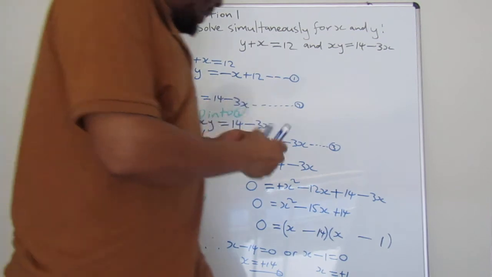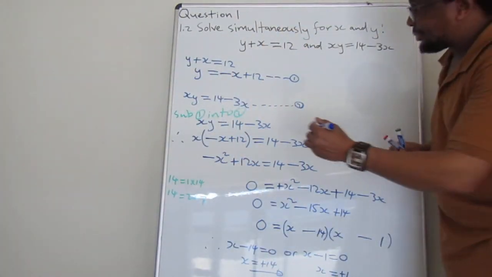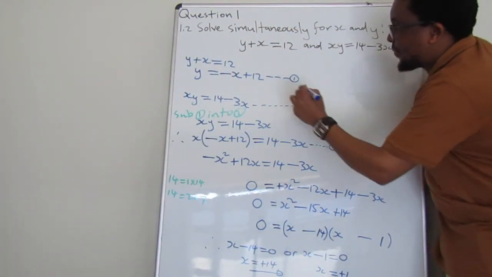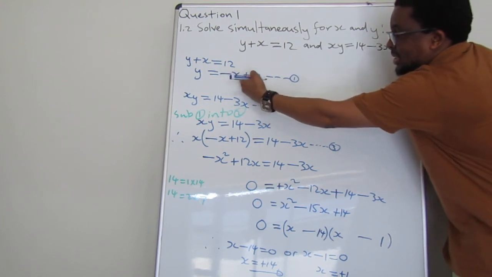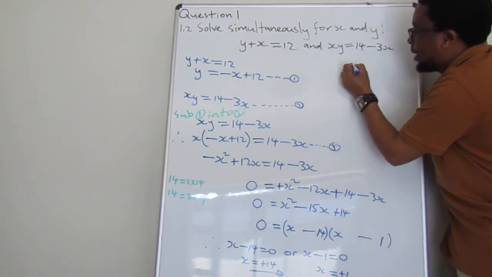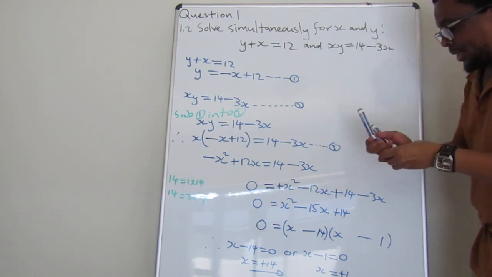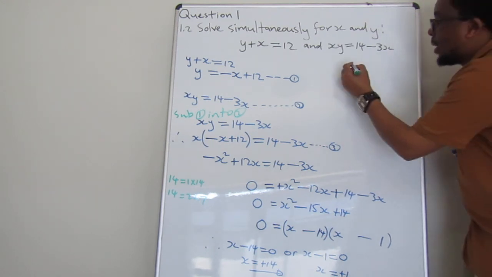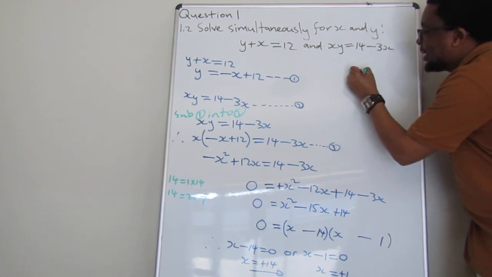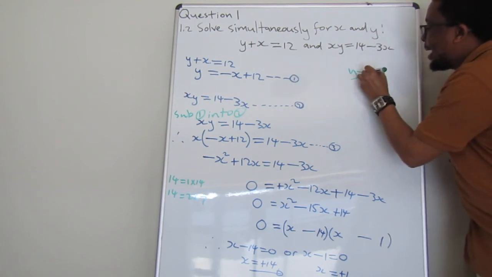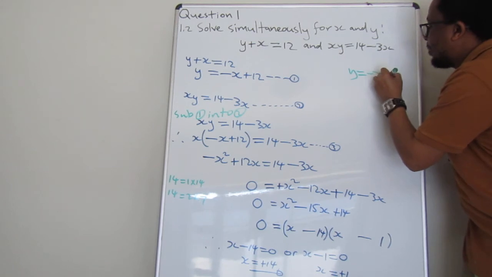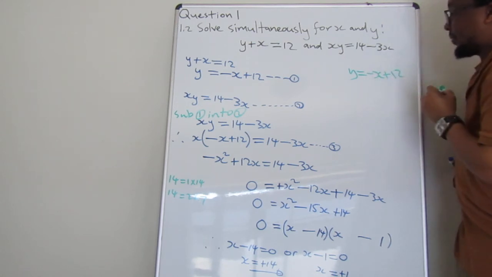Let's go and say now, for y, let me go to the simplest equation. Remember, we said y is given by negative x plus 12.